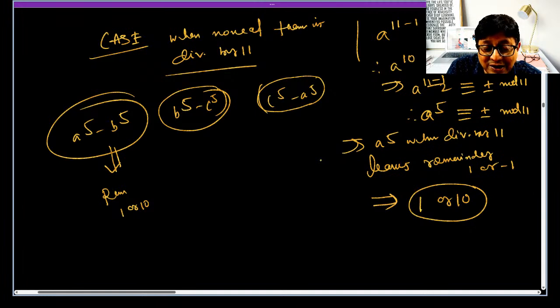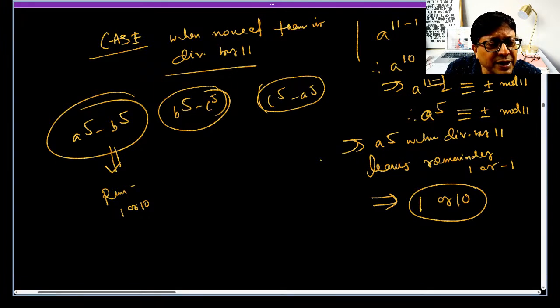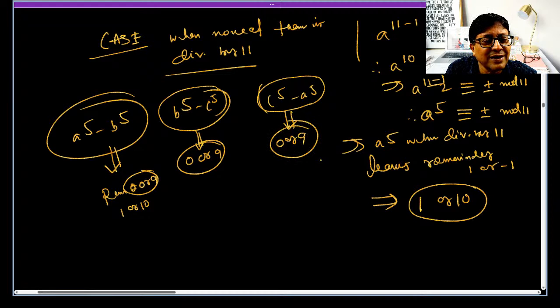Because when both are leaving 1, then 0. Both are leaving 10, then 0. If not, it will be 9. So when you divide this, the remainder will be 0 or 9, better to say.